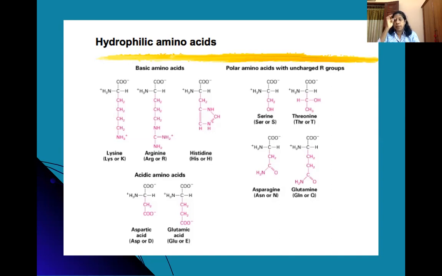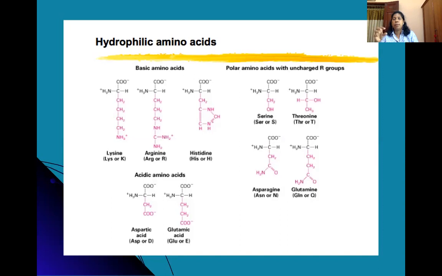Another one is asparagine, which is also a polar amino acid. You can see the double-bonded O is there. Earlier, the OH had an H that can be donated, but the O can also bind with the H, because the double-bonded O can donate electrons and therefore can make a hydrogen bond, because those are polar.